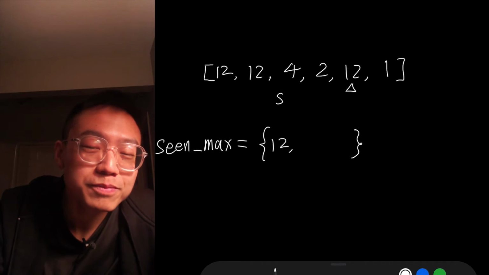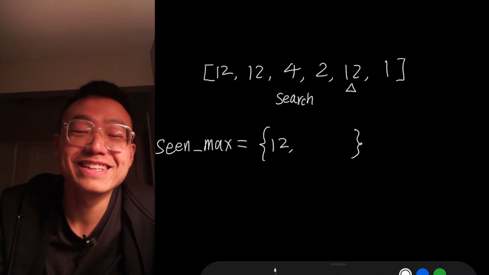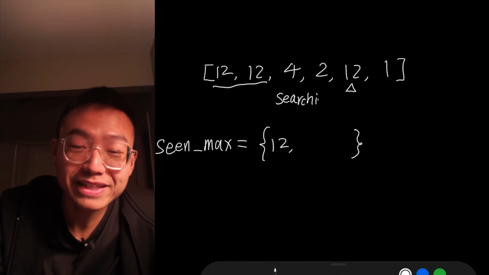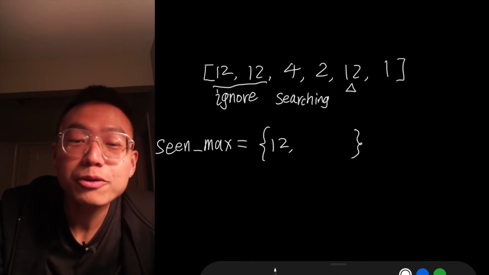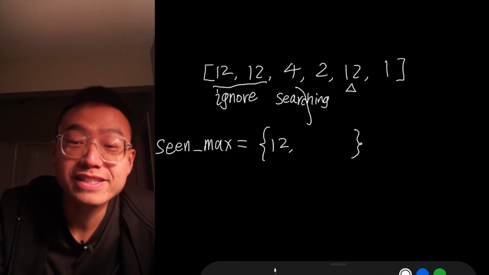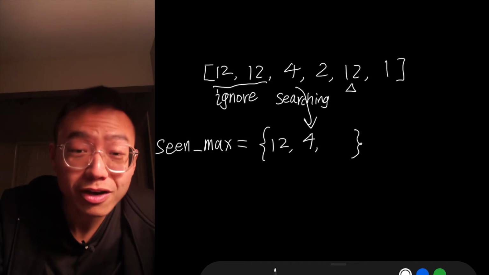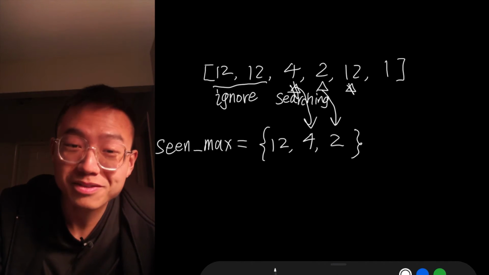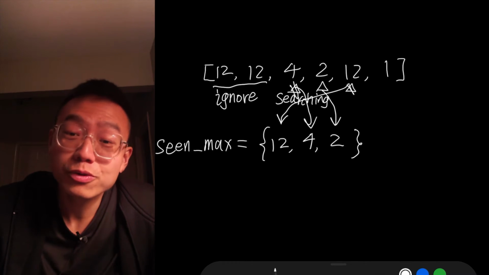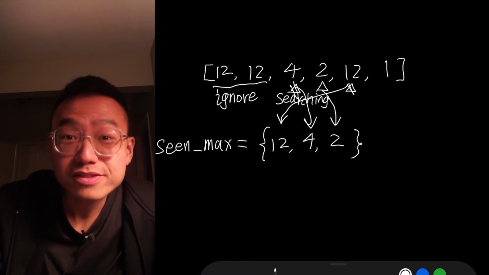This will also handle duplicates very elegantly. Like the example here, we have an input set. The first value we put into the seen max set would be 12. Then, when we find the second maximum, the algorithm will know to ignore all the 12s.